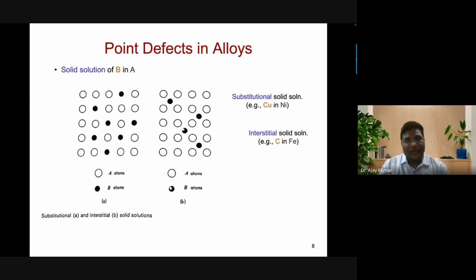Then we have the different types of defects in alloys. If you have different alloys like aluminum alloys, magnesium alloys, copper alloys, then you have the concept of the solid solution. In alloys you have different elements mixing together, so you need to see how this solid solution works, how one element is soluble in another, and to what extent.